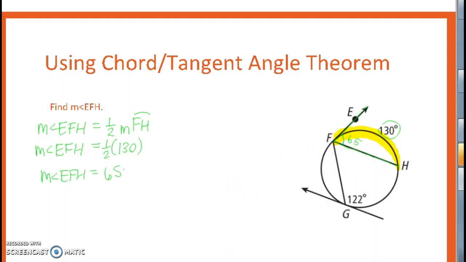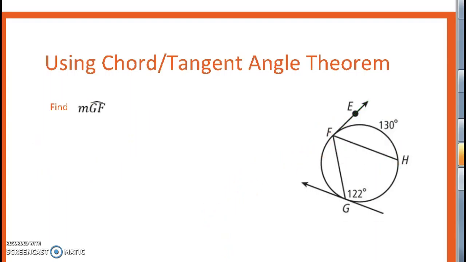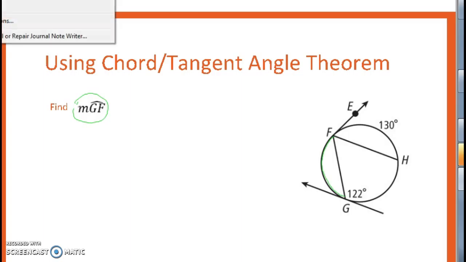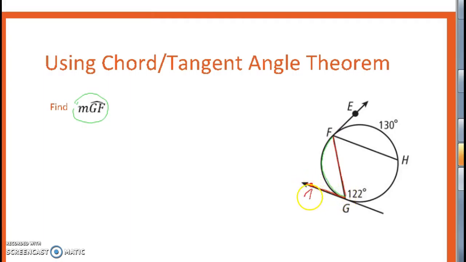Let's try another practice problem. So this time, instead of finding the angle on the circle, I want to find the measure of the intercepted arc. So arc GF, if you start at G and go around the circle to point F, is the arc we want to find. And if we notice, the angle that opens up to that arc is actually angle FGA, and I need another point here, we'll just say A, because that vertex G is directly on the circle.